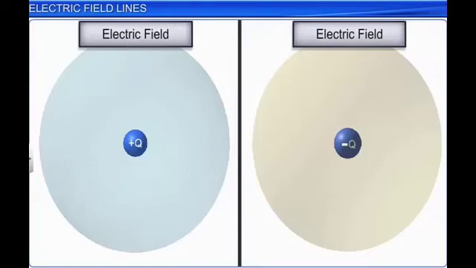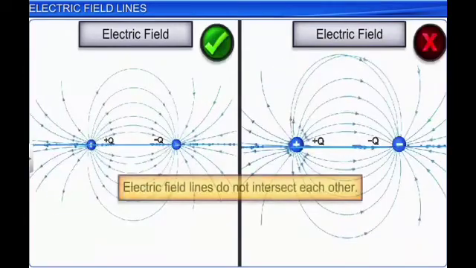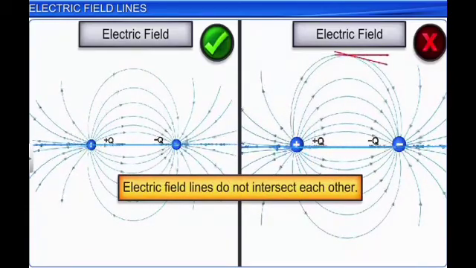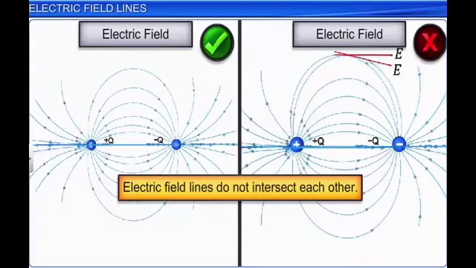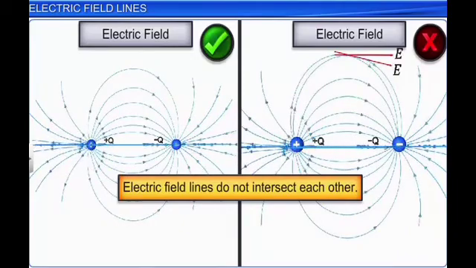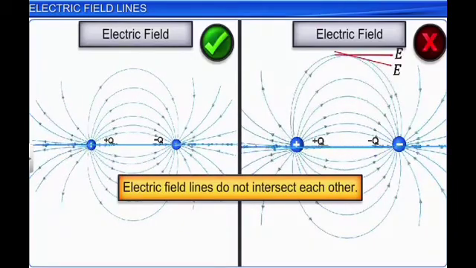For a single charge, they may start or end at infinity. Electric field lines do not intersect each other. If the electric field lines intersect each other, then at the point of intersection, there will be more than one direction for the electric field, which is not possible.